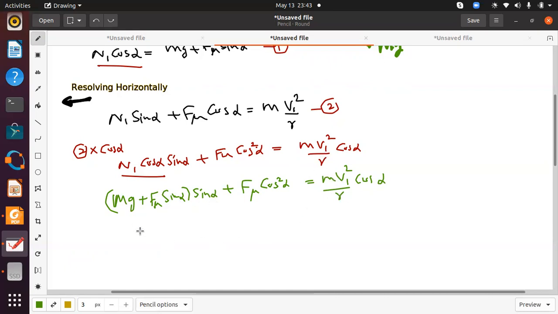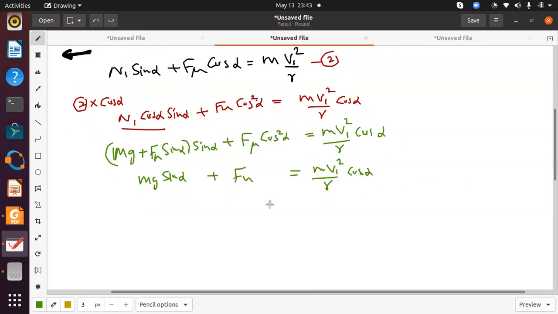Now from this we get mg sine alpha, and here we get f sub mu sine squared alpha. Here you have f sub mu cos squared alpha. So when you combine these two, you get f mu, m v1 squared over r cos alpha.